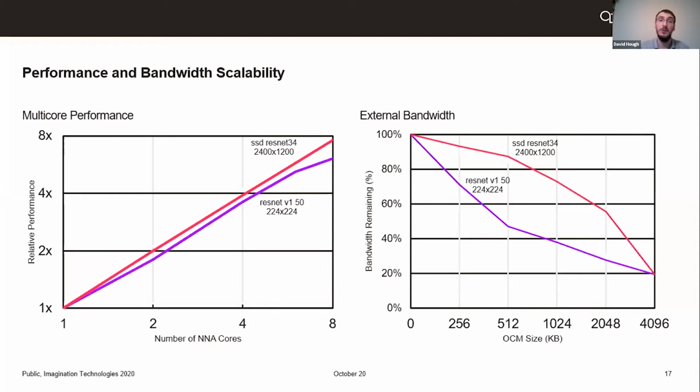And just to add at this point, all of these results are with a batch size of 1, so the improved performance you're seeing with more cores directly corresponds to reduced latency for a single inference. Now, on the right, we can see how the external memory bandwidth can be reduced by just adding a relatively small amount of on-chip memory. And of course, if your silicon area budget allows you to increase the SRAM sizes, that external memory bandwidth can be reduced much further.